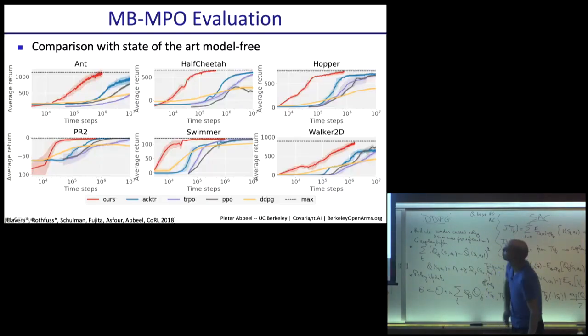More quantitatively, these are the learning curves. In red is the model-based meta-policy optimization, and in the other colors are different model-free methods: ACKTR, which is a natural gradient version of policy gradient, TRPO, PPO, DDPG. What are the main things we want to look at here?